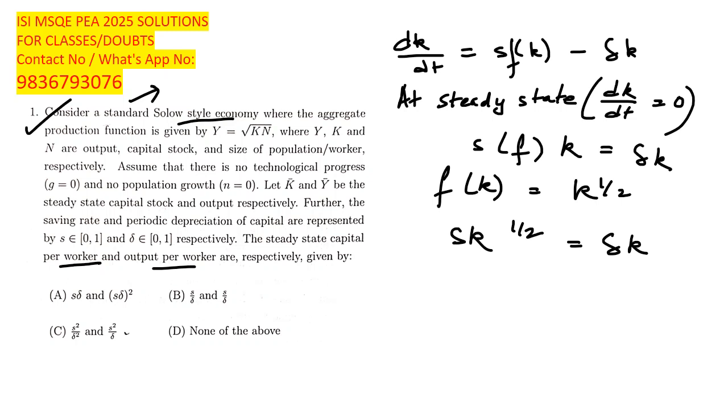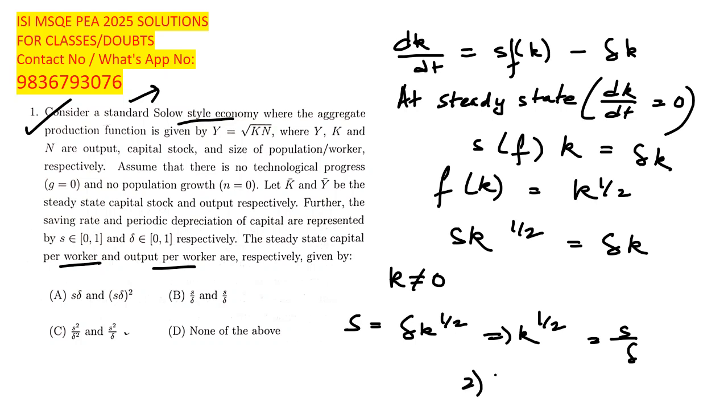Now we will solve for k. How can we find it out? We divide both sides by k^(1/2), and we assume that k is not equal to 0. So now s = δ k^(1/2), that is k^(1/2) = s/δ, or we can say k = (s/δ)^2.